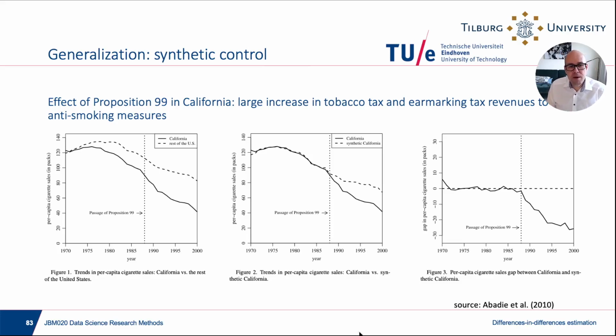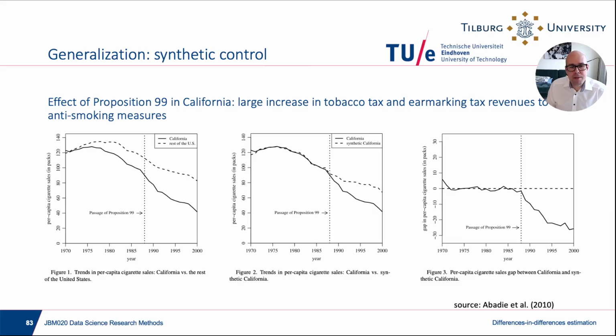Okay, so when you look at the raw data and you compare California to the rest of the US, then that comparison doesn't make much sense, you see already, because this dashed line gives us the time at which this became effective, but you see that the pre-trends are very different between California, which is solid here, and the average state in the rest of the US.